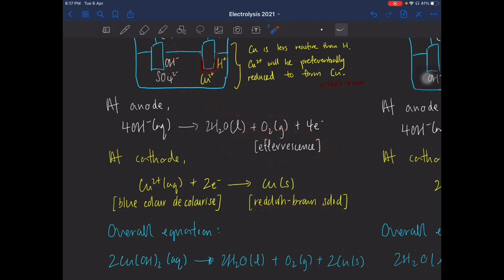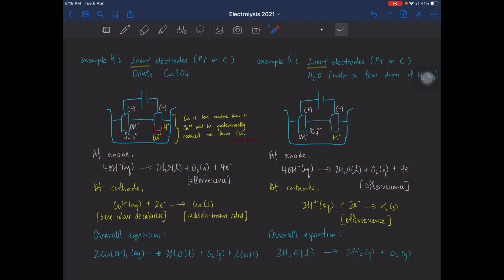Now that is not all, because we are looking at the discharge of Cu2+ ions into copper metal. What this means is that the solution actually loses Cu2+ ions over time. And you expect the blue color to fade over time as it decolorizes because there's less of the copper ion inside. And that's for reaction example 4.